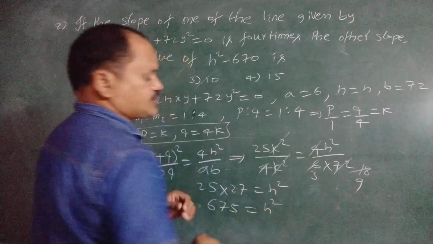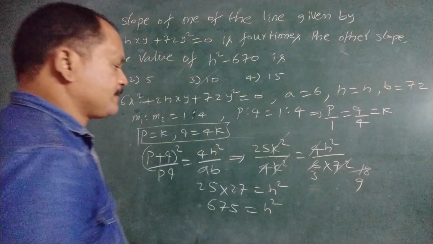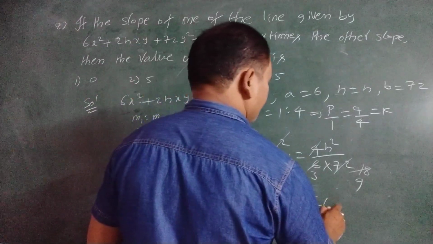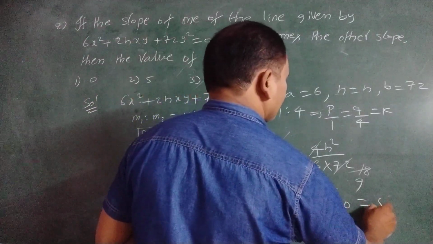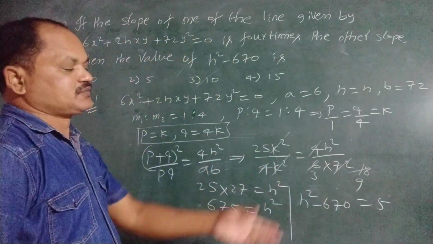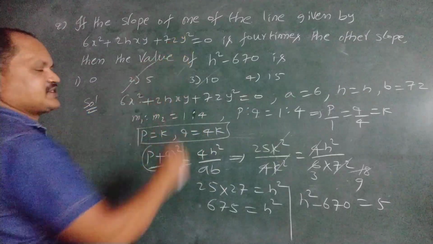So 675 is equal to h². Now what is required? h² minus 670, which is 675 minus 670, equal to 5. So the second option is the right answer.